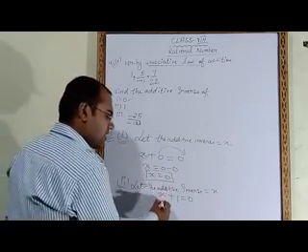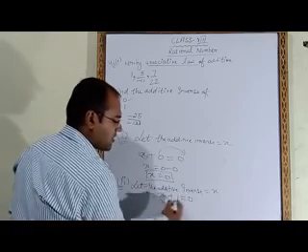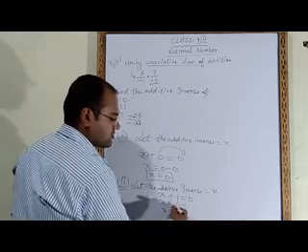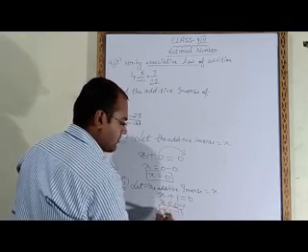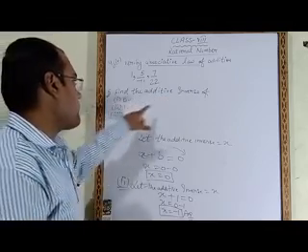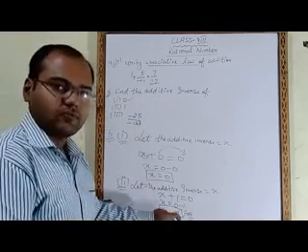Now in order to find the value of x, this plus 1 we will bring on the right side, so this will become 0 minus 1. That means x is equal to 0 minus 1, the answer will be minus 1. So the additive inverse of 1 will be minus 1.